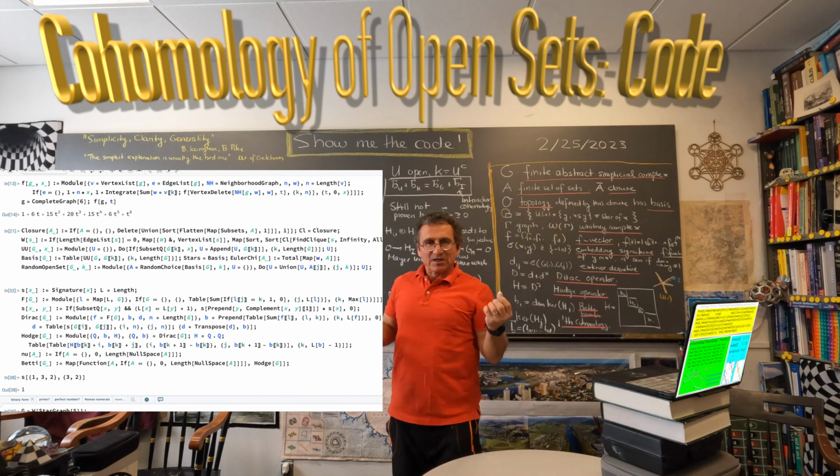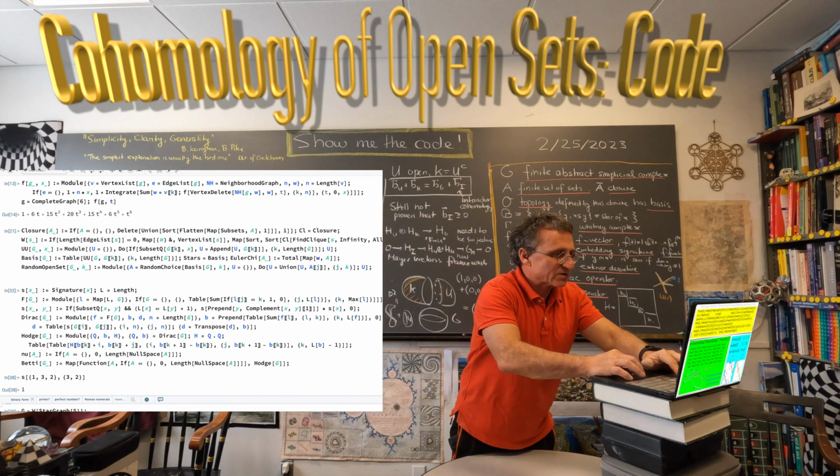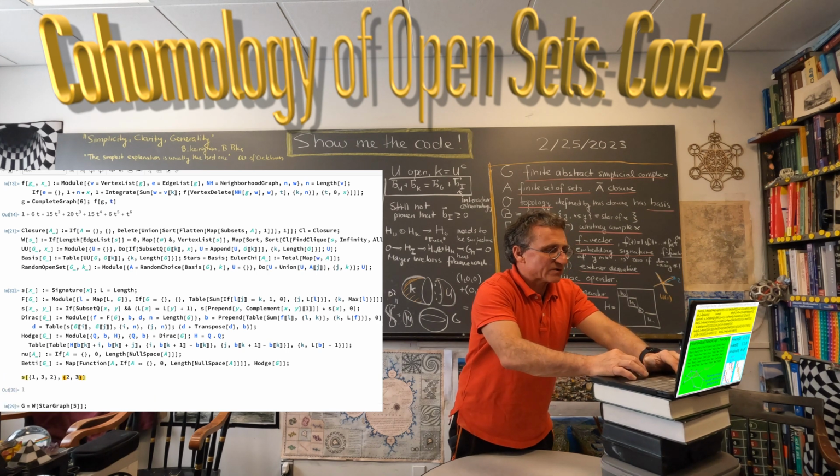That's embedded with embedding signature 1. But if I take, for example, 2, 3, then I would get -1. If I take 1, 3, that's 1, but 3, 1 is equal to -1. Or I can look what happens when I take 1, 2.